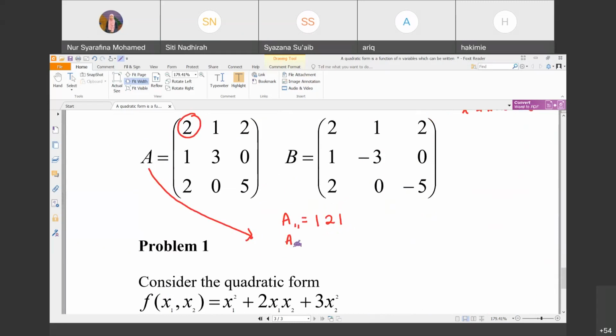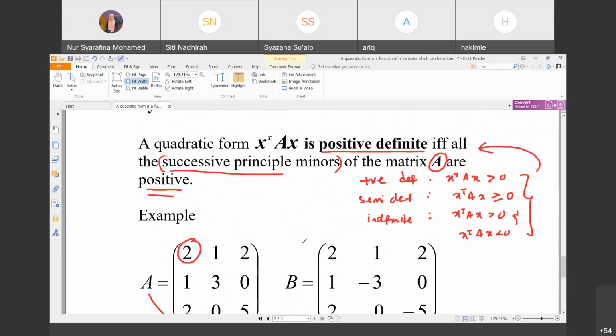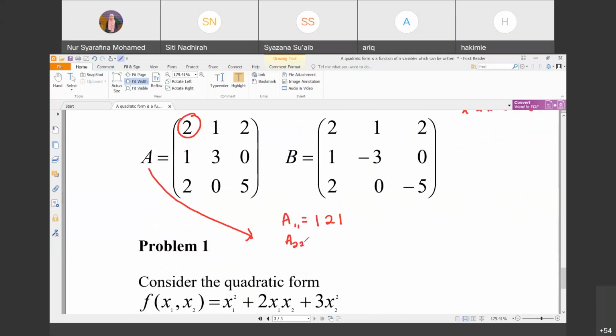And then the successive principal minor for A22, then it is 2, 1, 1, 3. This one. This is A11. Look at the leading only. This is A11, this is A22. And then what is the leading successive principal minor of A33? So everything here. So what is the value of this?